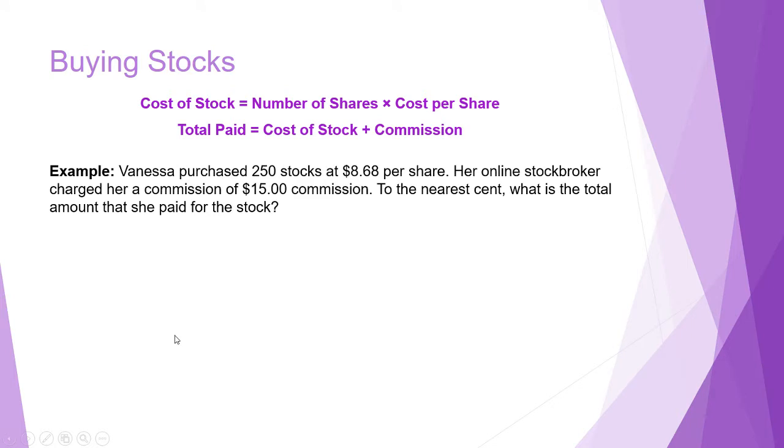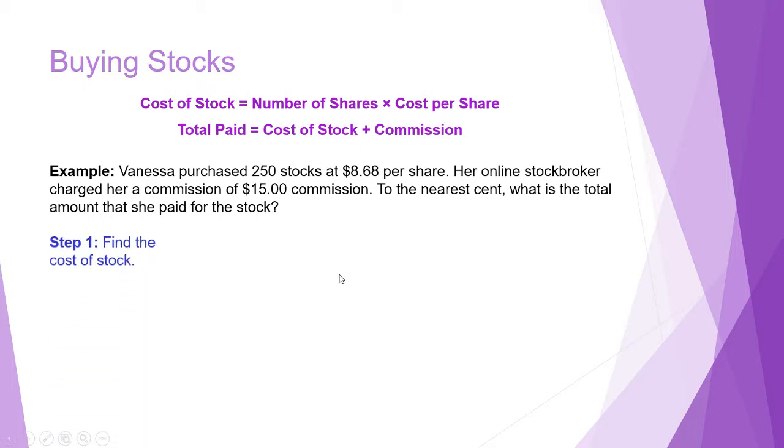Alright, here is an example. Vanessa purchased 250 stocks at $8.68 per share. Her online stockbroker charged her a commission of $15 to the nearest cent. What is the total amount that she paid for the stock?